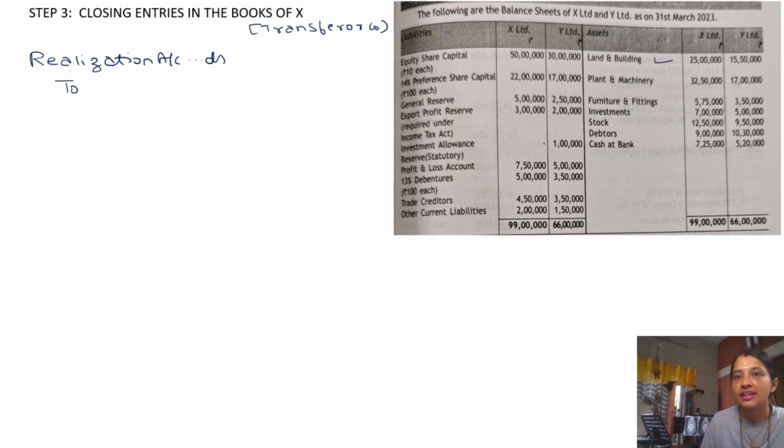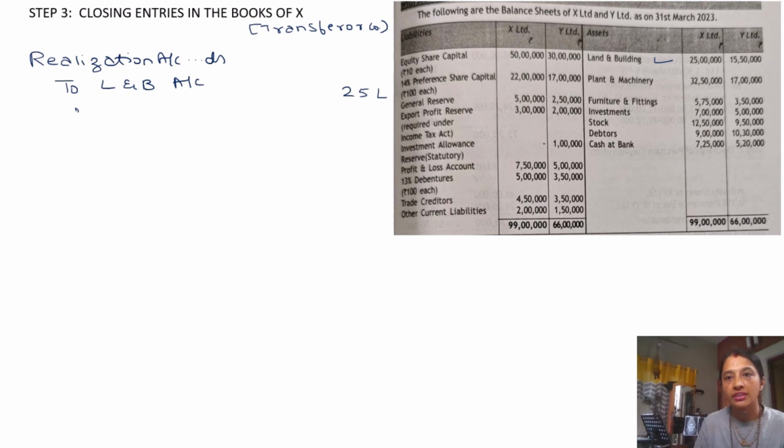So first let's take land and building to land and buildings. Amount is 25 lakhs. I will be writing the amount in lakhs with skipping zeros. You be very careful with the zeros, because even if you put any extra zero or less zero, your marks with zeros also will vary. So be very careful. So this is land and buildings account.